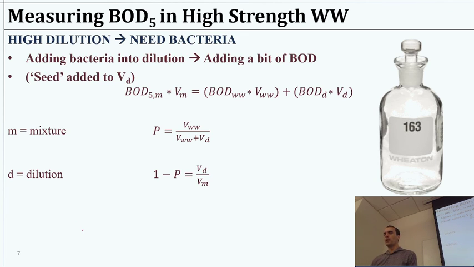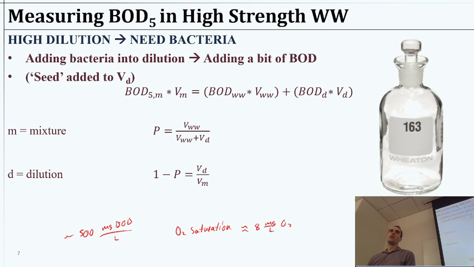A high strength wastewater is going to be something like 500 milligrams BOD per liter. If you could fit 500 milligrams of oxygen in a liter of water, no problem, right? You could just directly measure it. But it turns out that our O2 saturation is something like 8 to 10 milligrams per liter of oxygen.